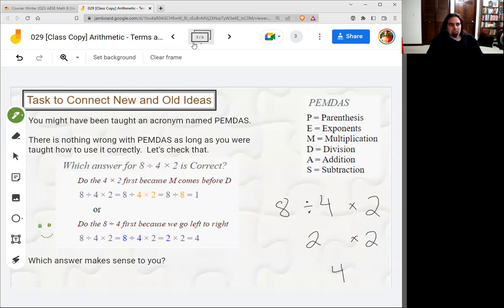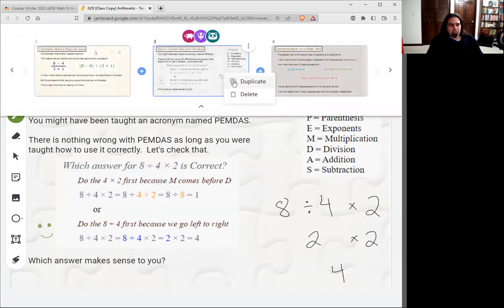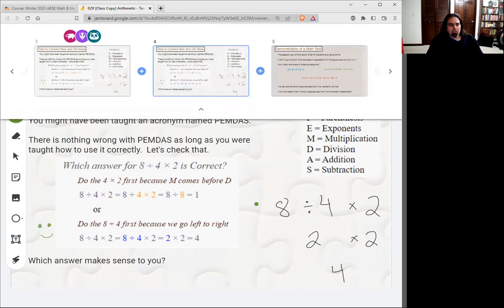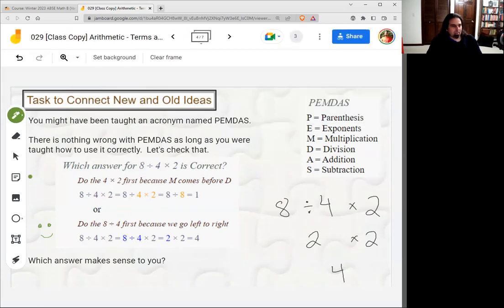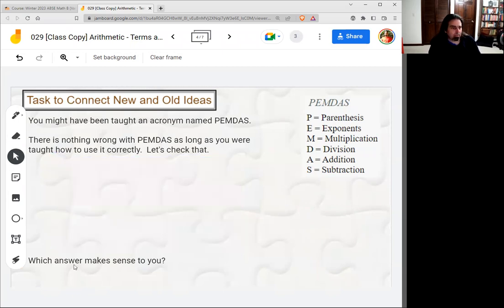So I'm going to make a copy of this so I can write about it. So when I'm looking at PEMDAS, it's telling me some good things. The first thing that I want to look at is parentheses and exponents.